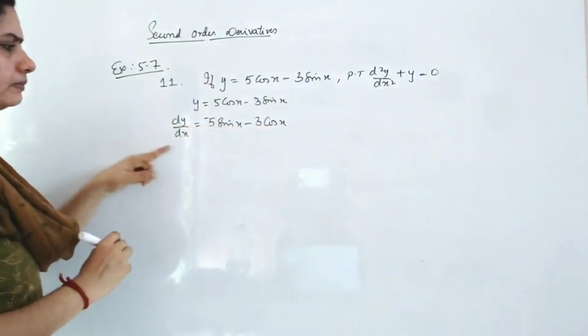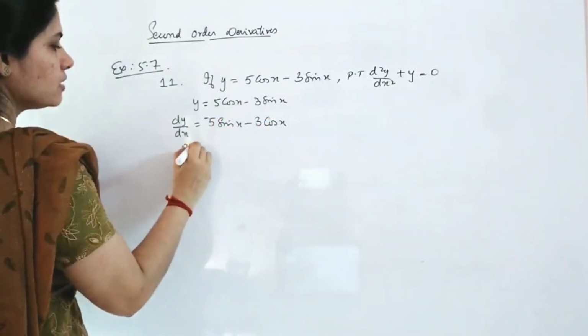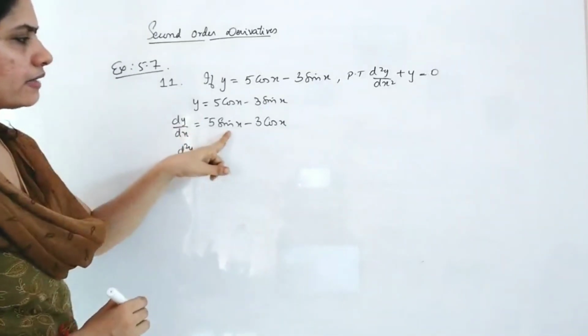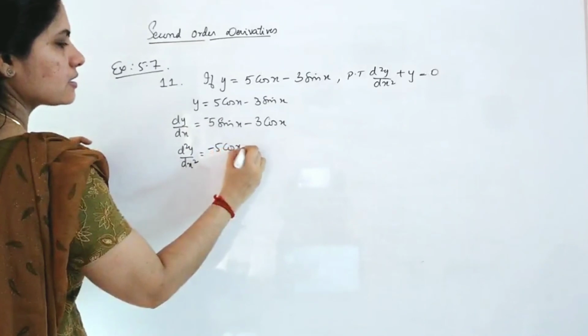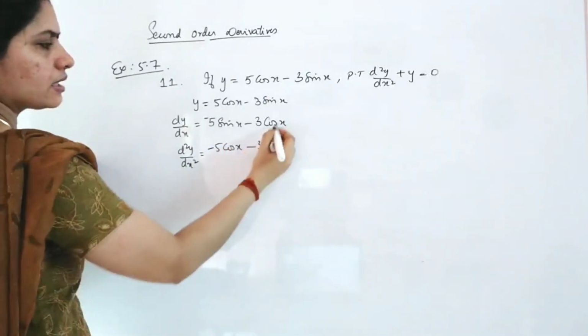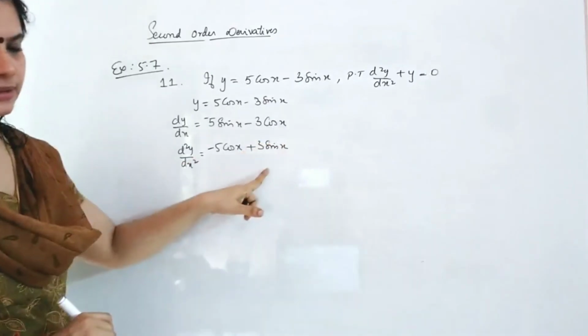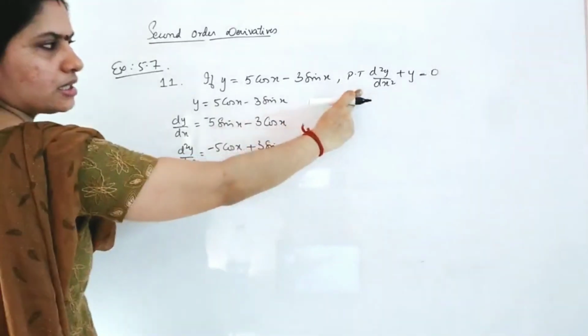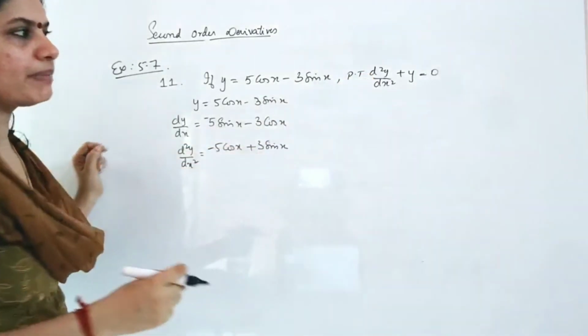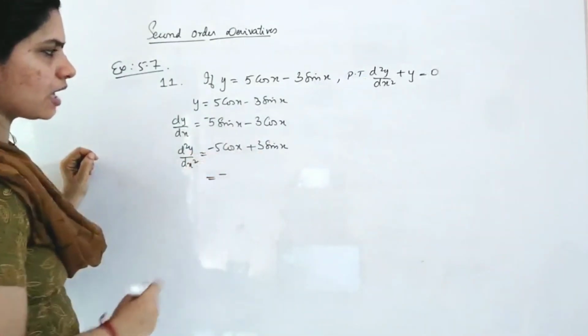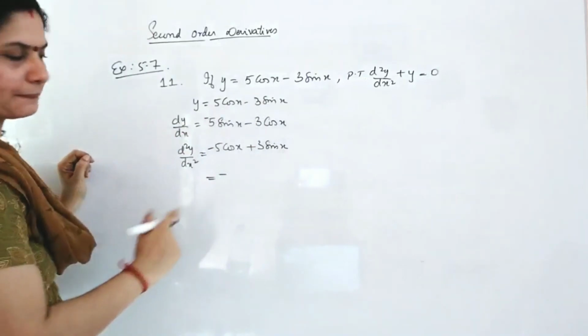Now second derivative you want. Differentiating again, you will get minus 5 is constant, derivative of sin is cos x, minus 3 is constant, derivative of cos x is sin x. So you will get plus like this, right? Now you just go for the question. It is proved that d square y by dx square plus y equal to 0. Here itself, if you are taking a negative out, you will get this to be your y.